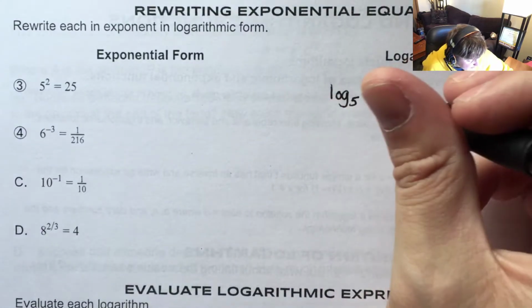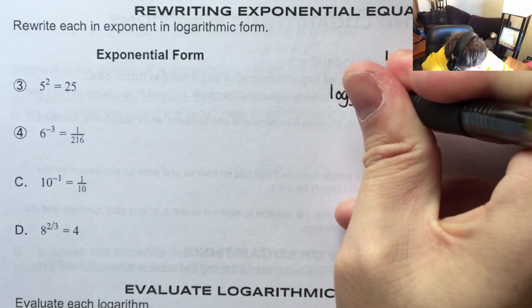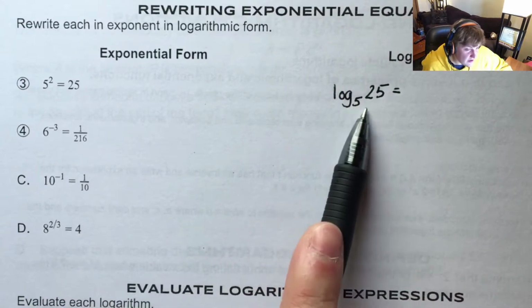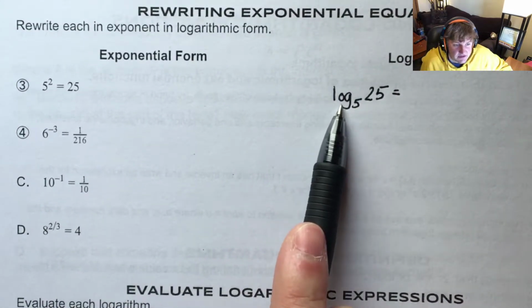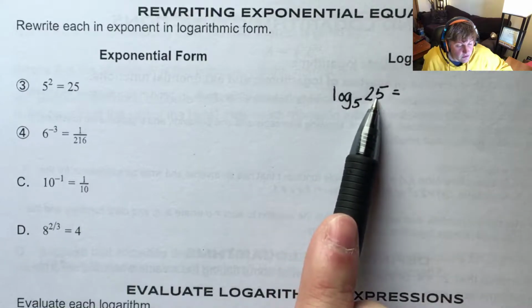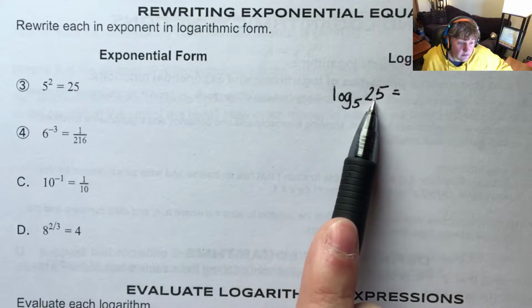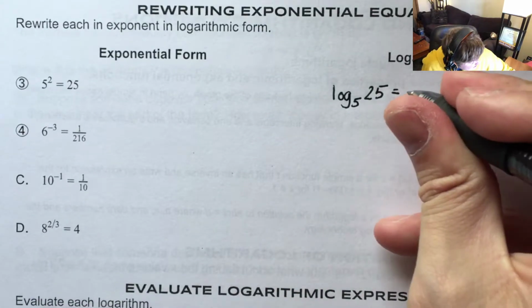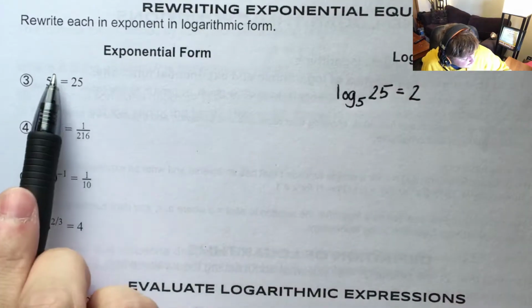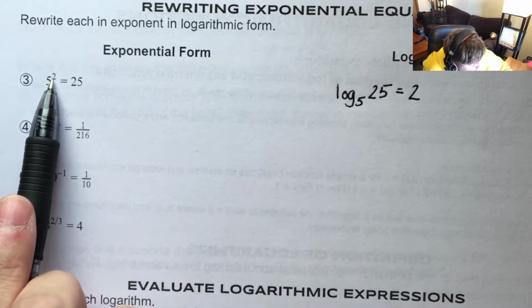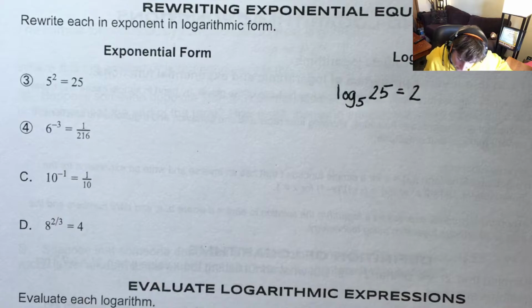If I were to type log base 5 of 25 into my calculator, it would essentially be asking what power I need to raise 5 to get 25. We know that is 2, also because the exponent here is a 2 as well.